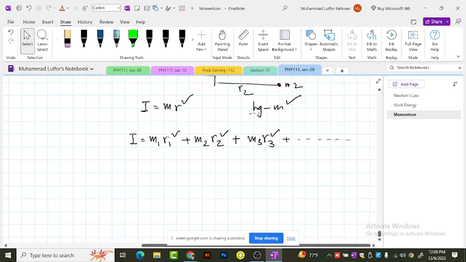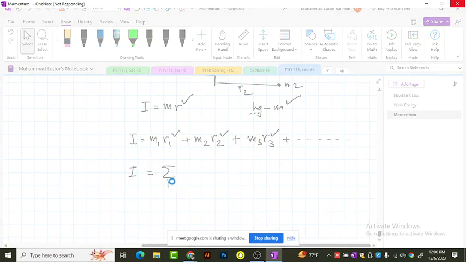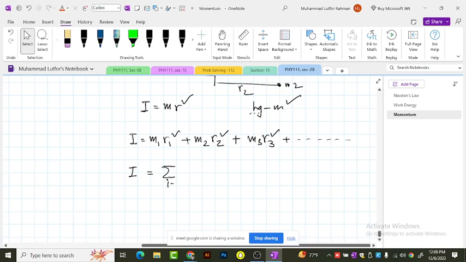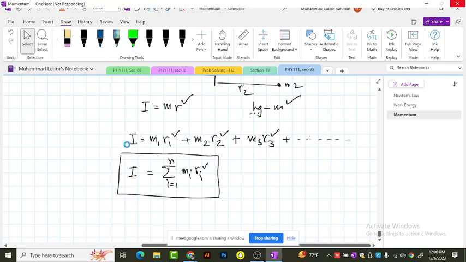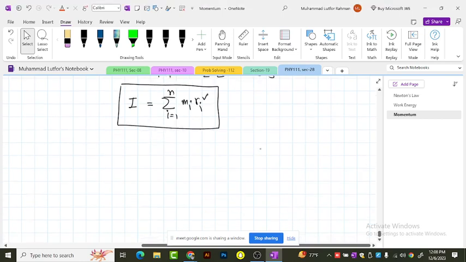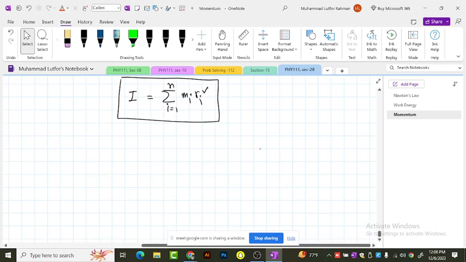So this one I can write in terms of summation notation: I equals the sum from i equals 1 to n of m_i r_i square. If I have n particles in the system, then that should be the moment of inertia for this point mass distribution. We'll use this equation for the point mass distribution.